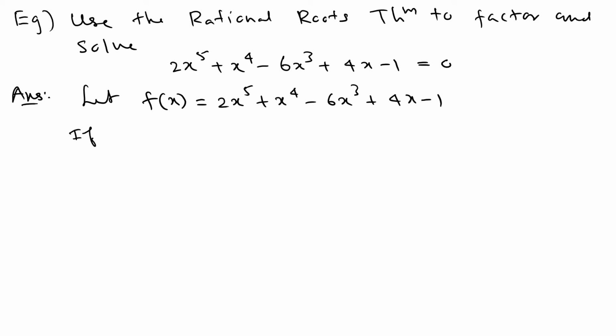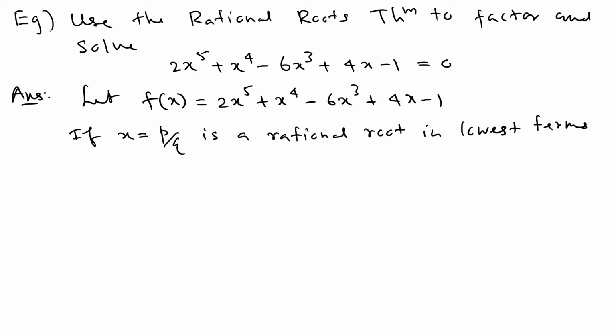If x = p/q, again with no common factors, or in lowest terms, that's the other way to say it, is a rational root, in lowest terms, then we know that p has to divide the constant term and q has to divide the leading term.